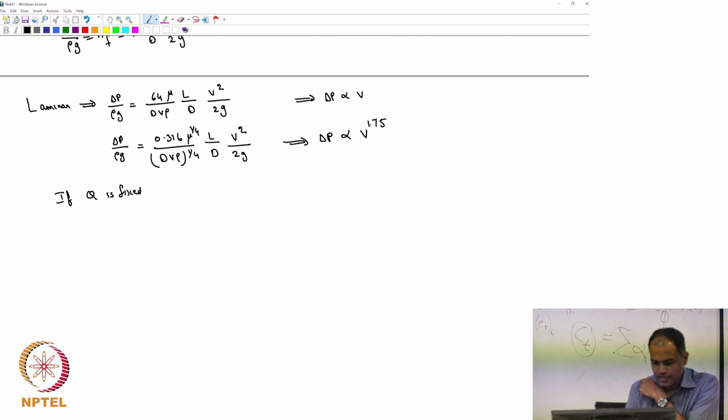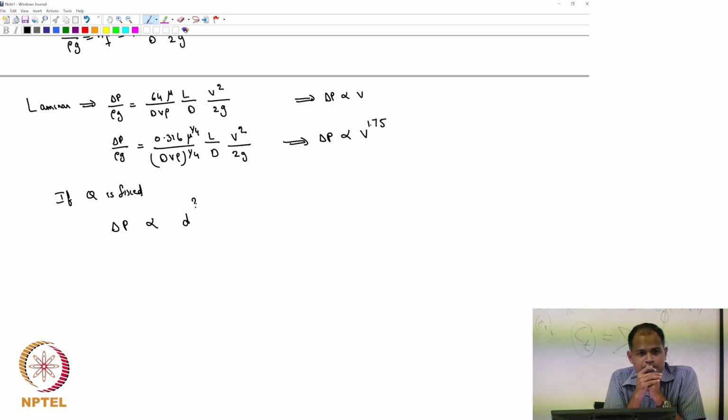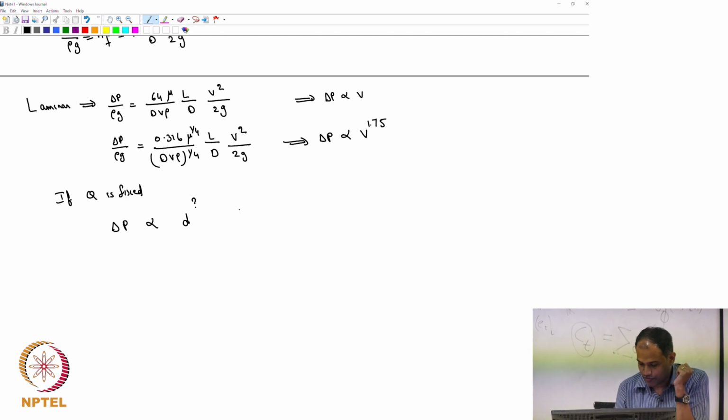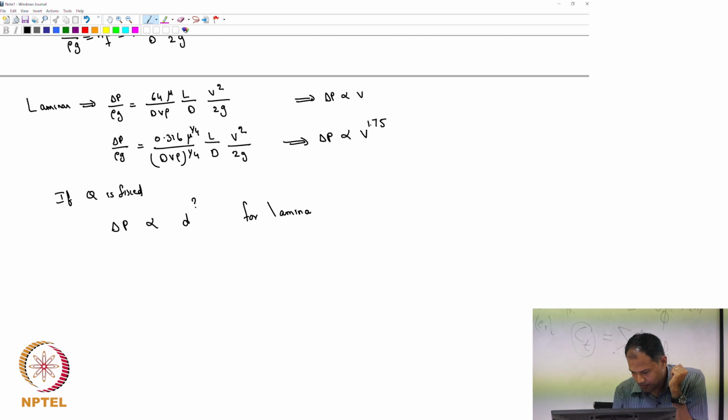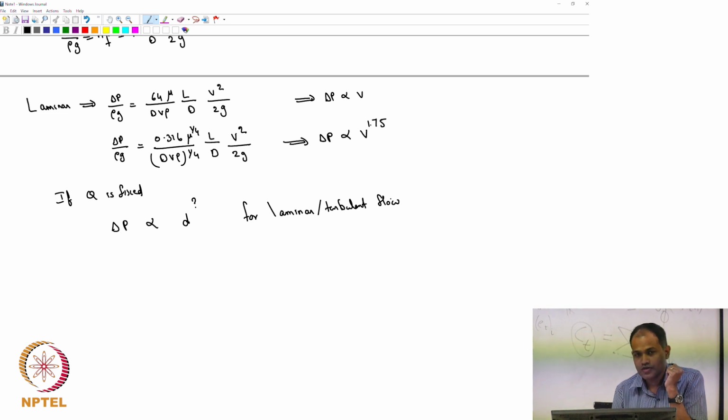If the flow rate is fixed, what is delta P proportional to D to the power of question mark, where D is the diameter, for laminar and for turbulent flow? The flow rate is fixed through the pipe.